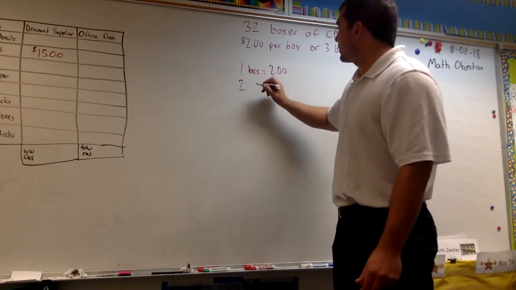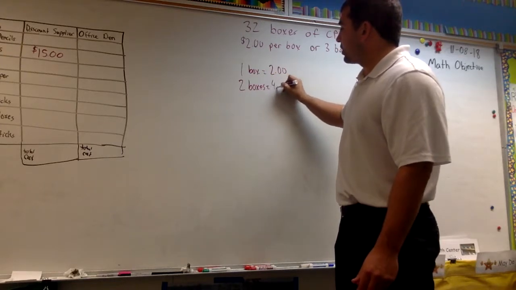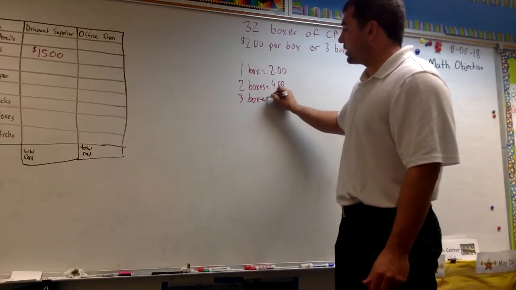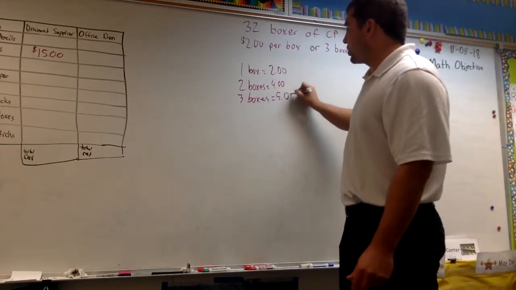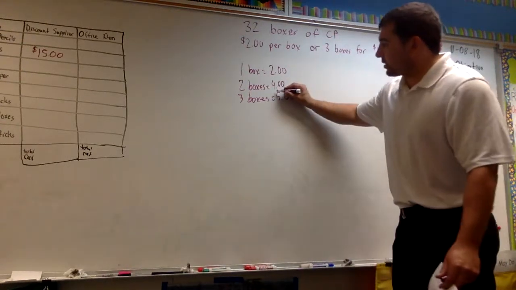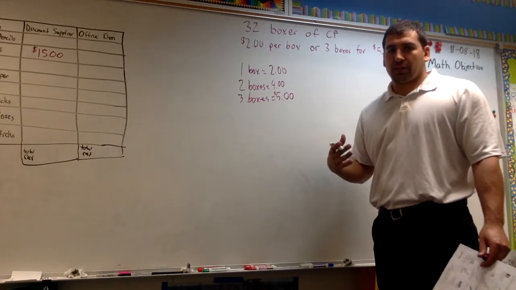But if I bought 2 boxes, it equals $4. Here's where it changes. 3 boxes only equals $5. Okay? We need 32 boxes.